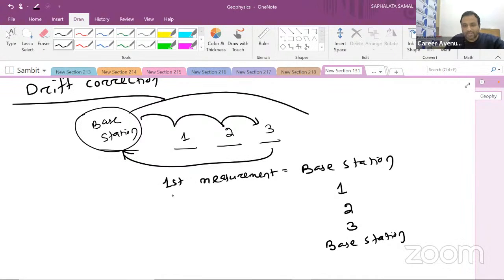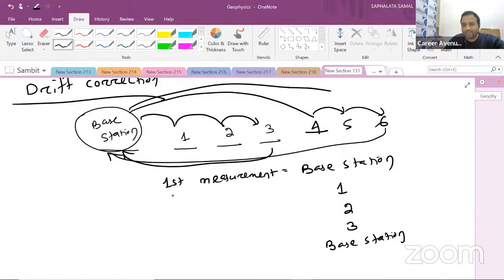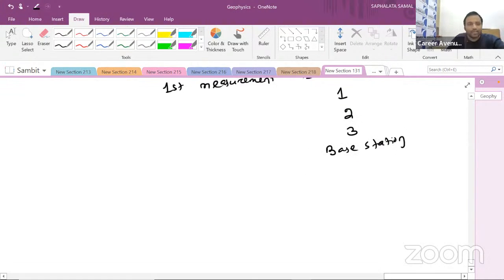Then I will go to locations 4, 5, 6, and again come back to the base station. Then again I will go to 7, 8, 9, and again come back to the base station. So at regular intervals, I have to come back to the base station to check whether the spring length has decreased or increased. Then I will plot a graph.